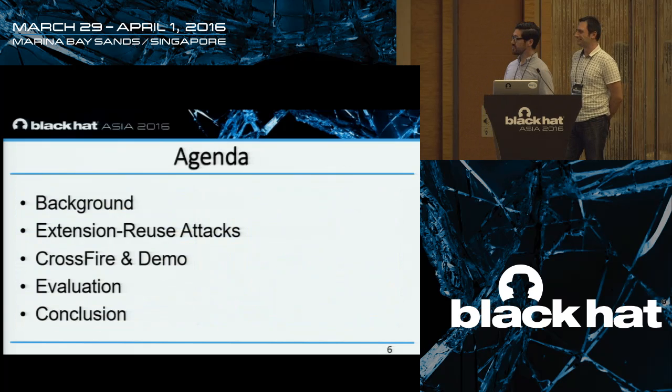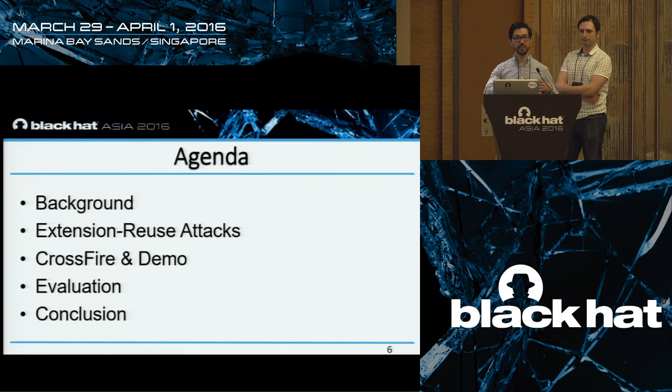So in terms of the agenda, it's going to go something like this. I'm going to give you a bit of background to set the stage for why we think these attacks are relevant and interesting, before going into a high-level sketch of what these attacks actually look like. From there, Ahmet is going to take over and show you the tool that we developed to find these attacks against Firefox, and then do a bit of a demo to show you how this all fits together.